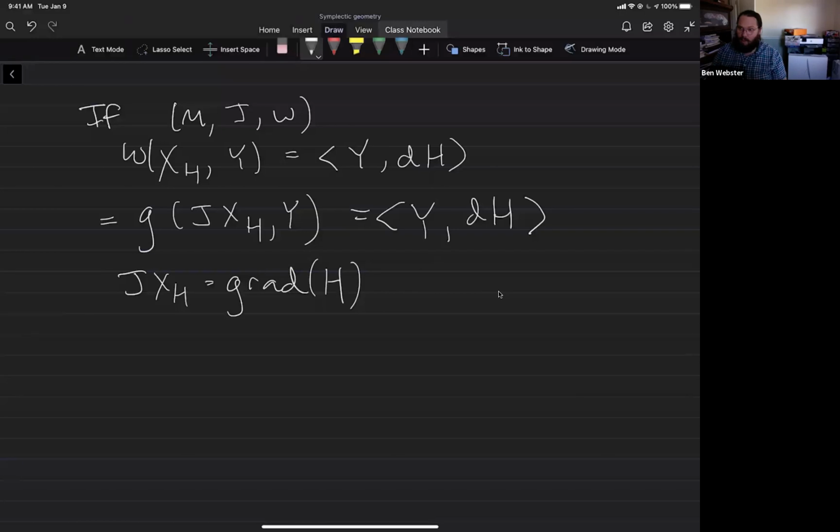Gradient requires a metric. So really it's true if you have a compatible triple. I guess I didn't actually use Kähler here, because I didn't use that the complex structure was integrable. So this should work with any compatible almost complex structure. Very cool.